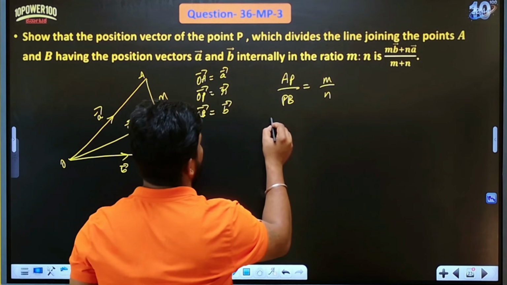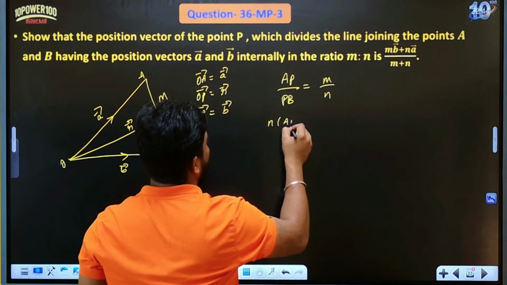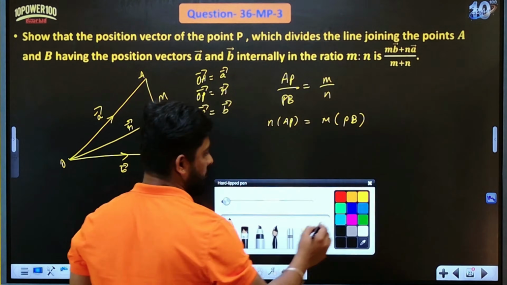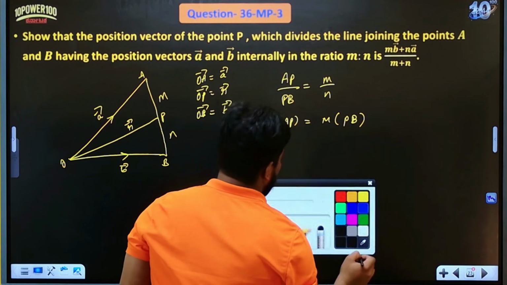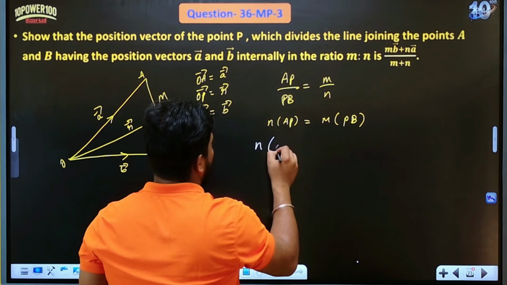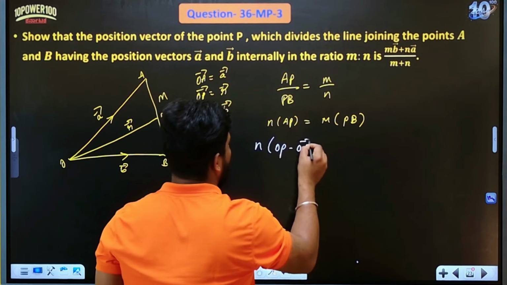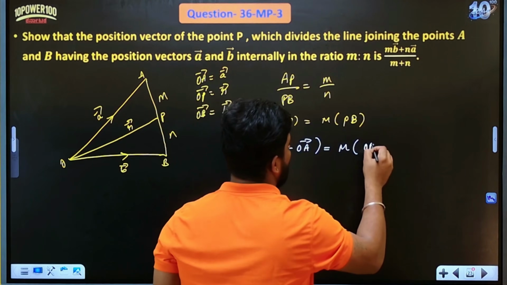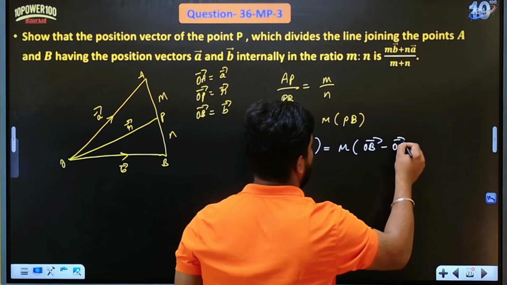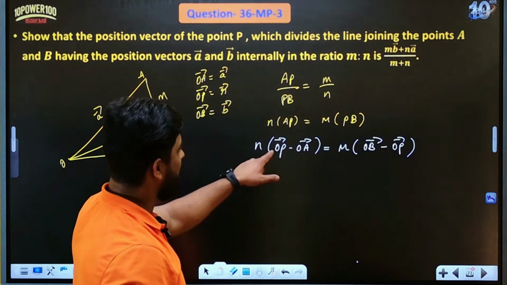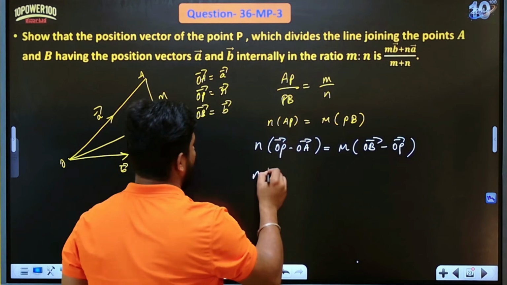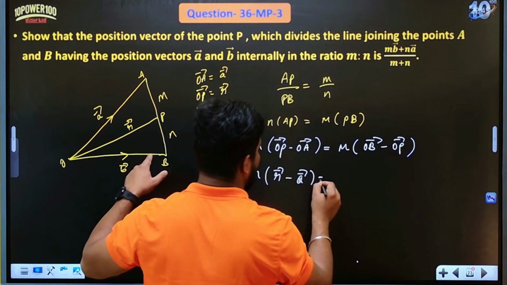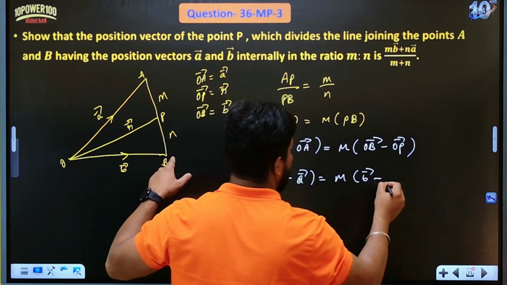So we cross multiply: n into AP is equal to m into PB. Now with respect to the position vectors, we can write AP as OP minus OA, and PB as OB minus OP. So n of (vector R minus vector A) is equal to m of (vector B minus vector R).